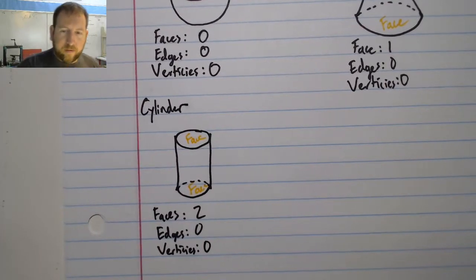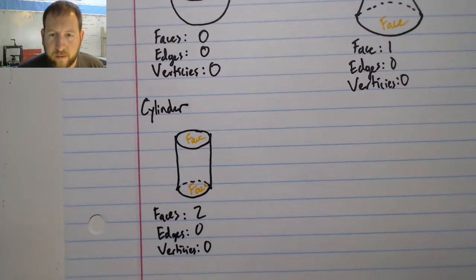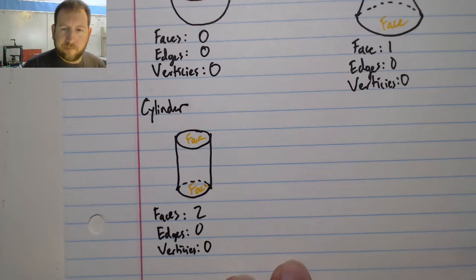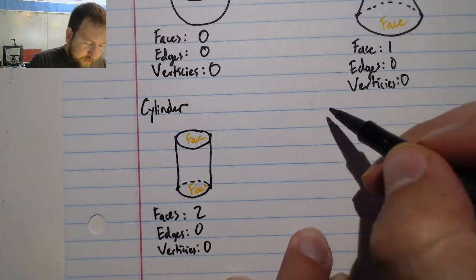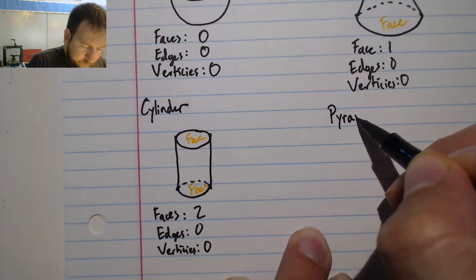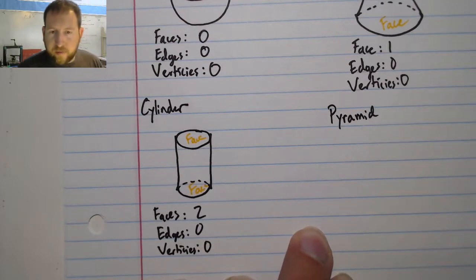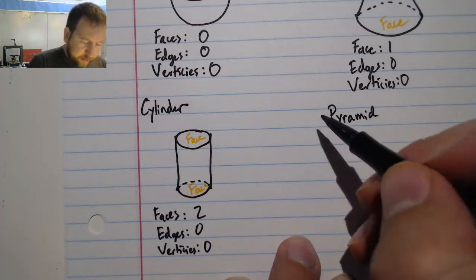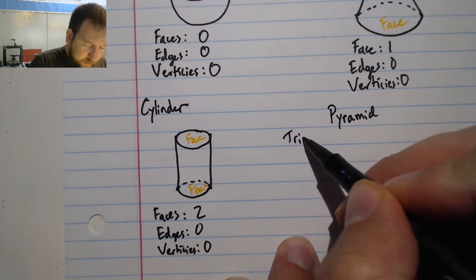Next, we have a pyramid. And we have 2 kinds of pyramids. I was just checking. We have the triangular pyramid and a rectangular pyramid. So let's draw both.